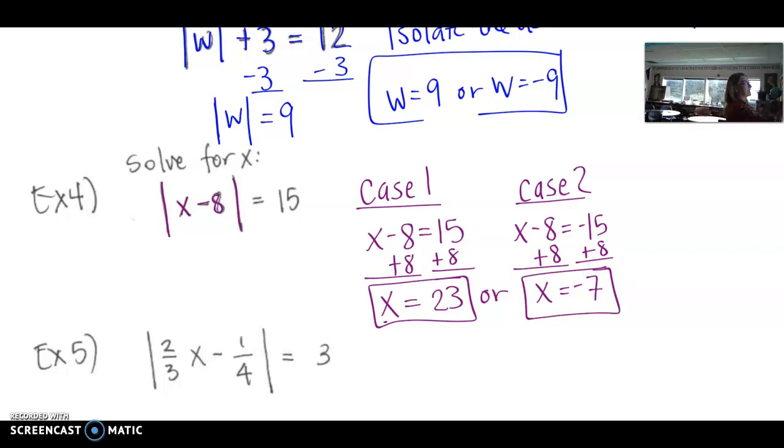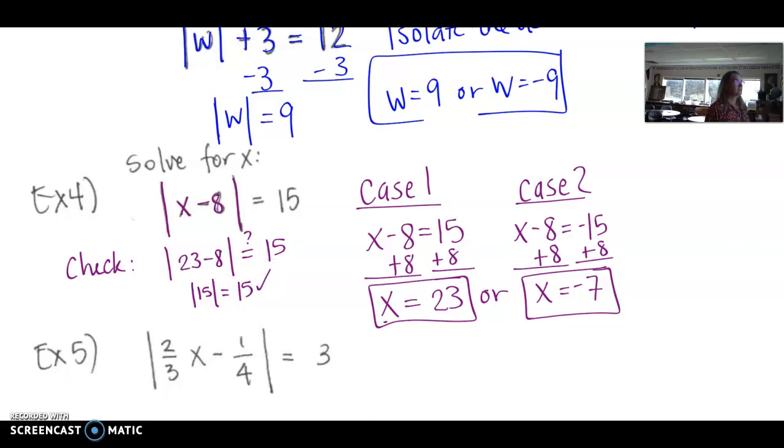So let's just check it. I'm putting 23 in for x. 23 minus 8, does that equal positive 15? Well, 23 minus 8 is 15, and the absolute value of 15 is indeed 15.